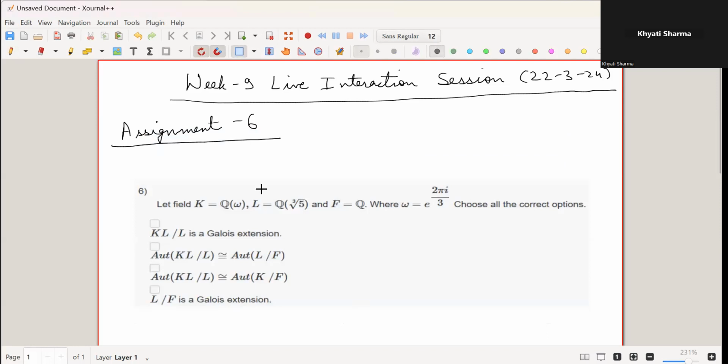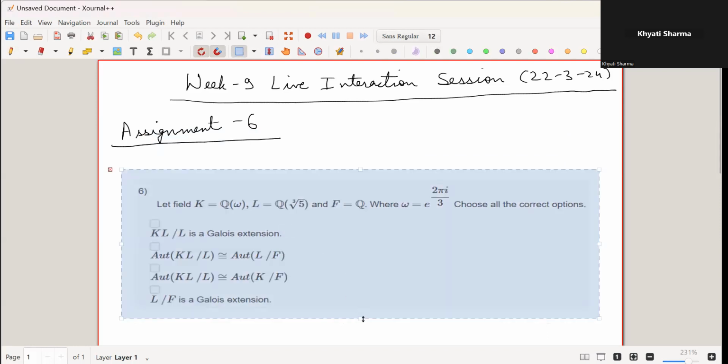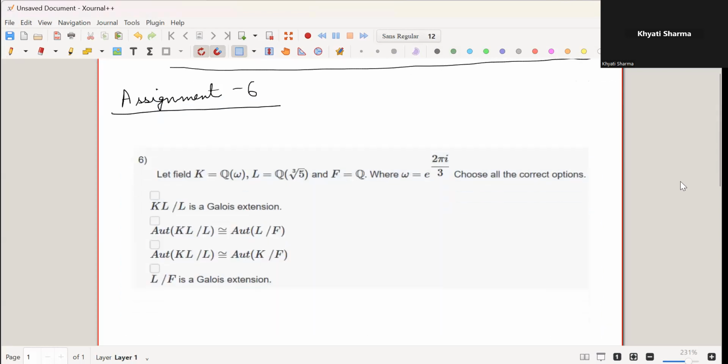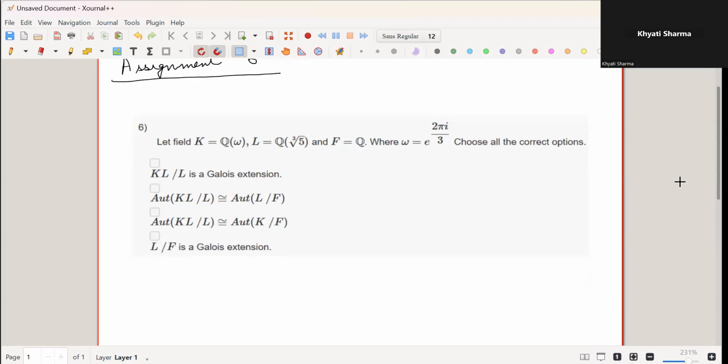It says let K be the field adjoining omega to Q, and L be the field adjoining the third root of 5 with Q, and F is the base field, that is Q itself. Omega is the third root of unity. We have to choose all the correct options. The first option says that KL over L is a Galois extension.